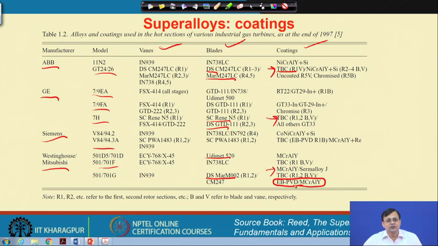These three major categories of superalloys are used. However, for very high temperature application, we prefer not only the development of processing techniques like single crystal production by directional solidification and crystal selector use, we also need to apply some coating in order to achieve better performance of these superalloys.